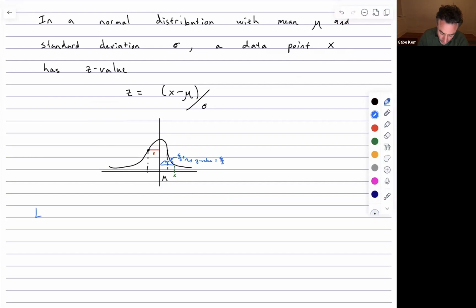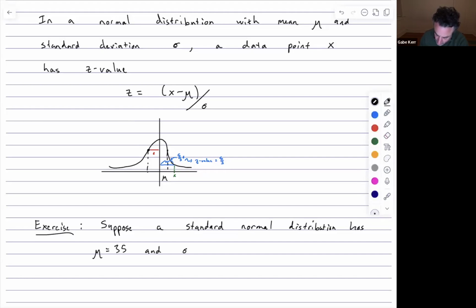Exercise 1. Suppose a standard normal curve or distribution has mean 35 and standard deviation of 6.